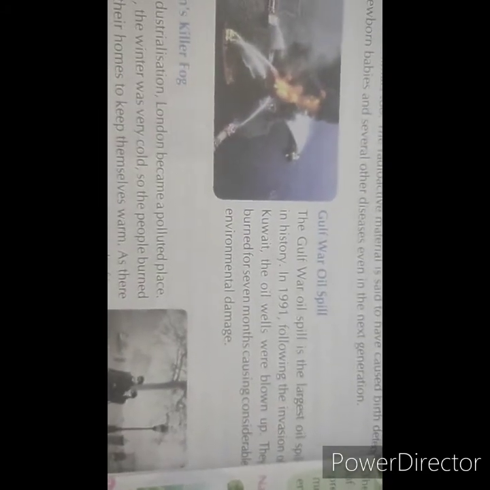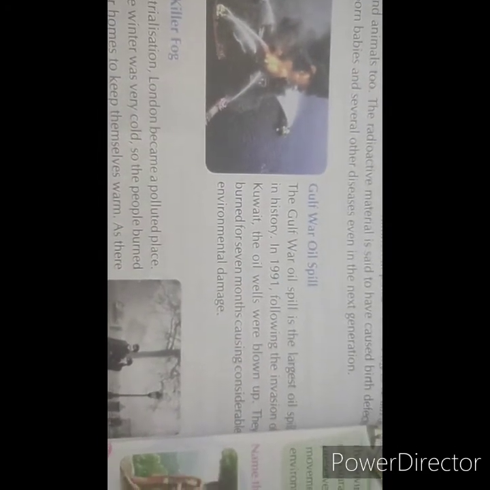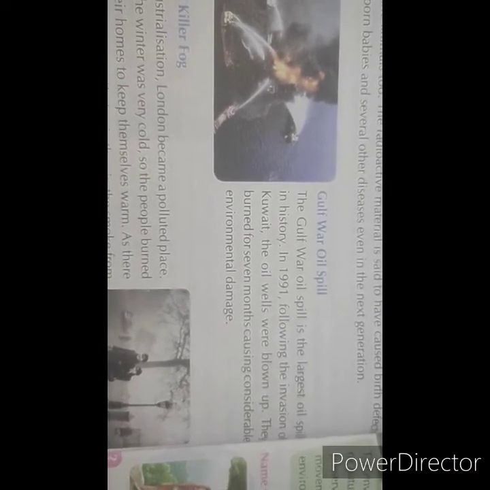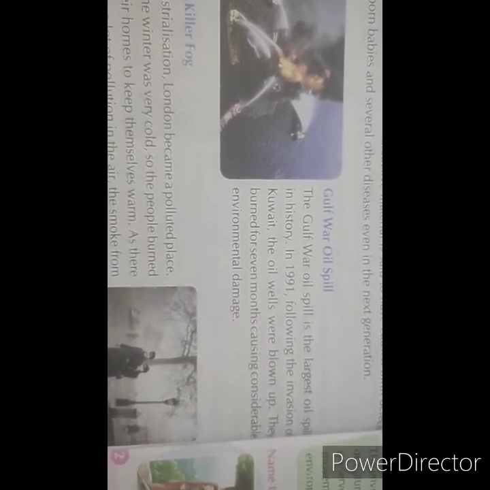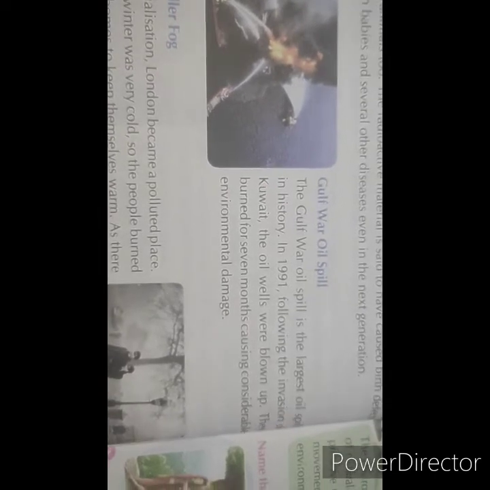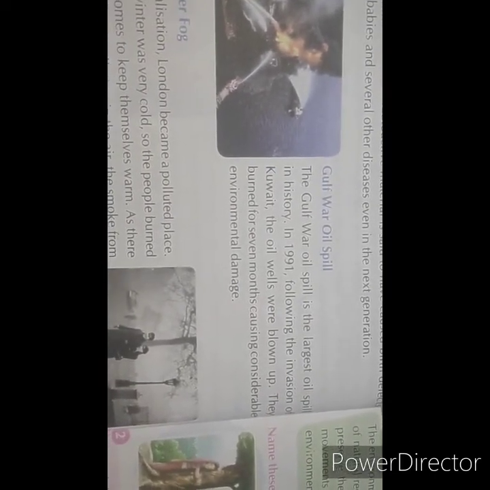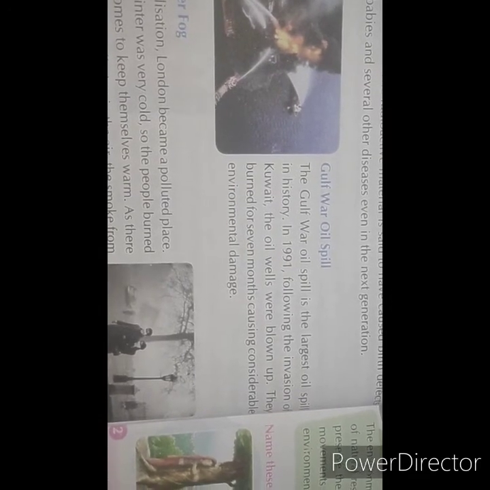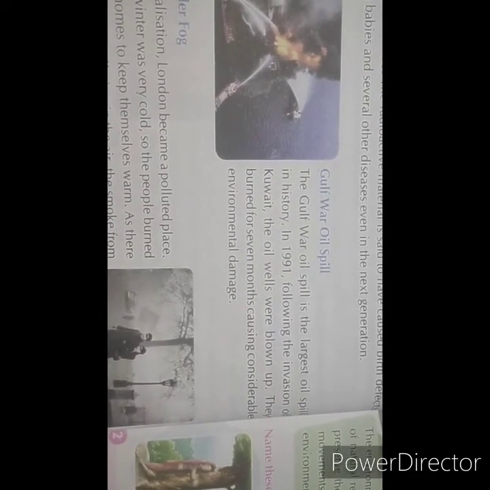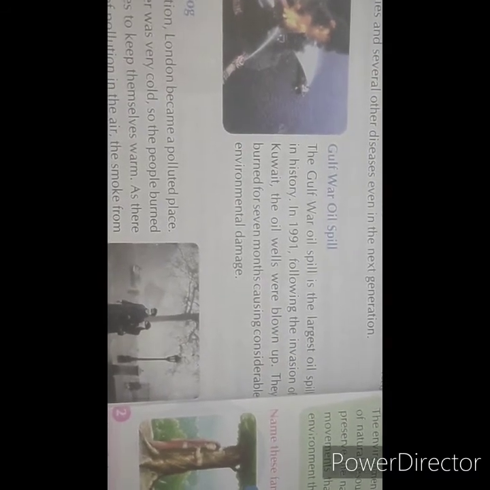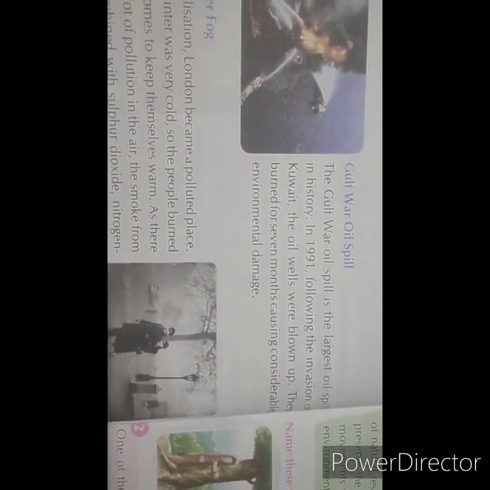The Gulf War oil spill is the largest oil spill in history. In 1991, following the invasion of Kuwait, the oil wells were blown up. They burned for 7 months, causing considerable environmental damage.